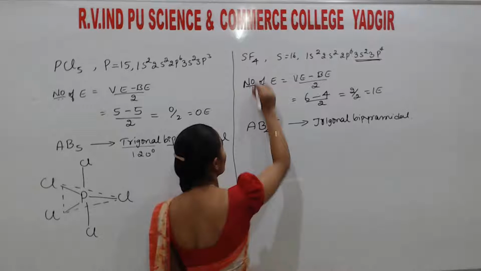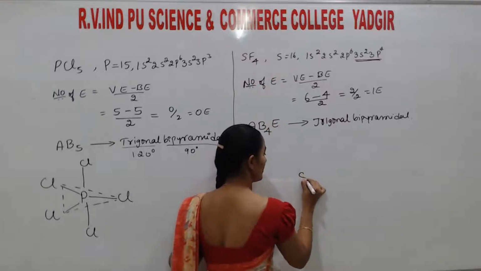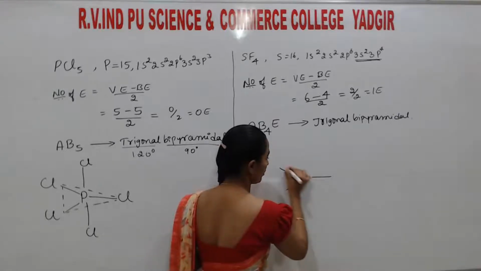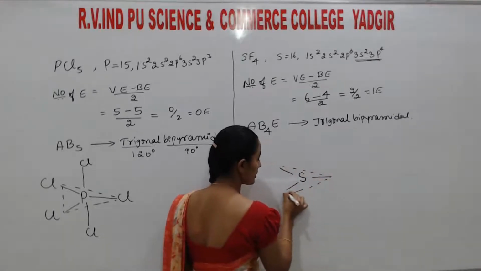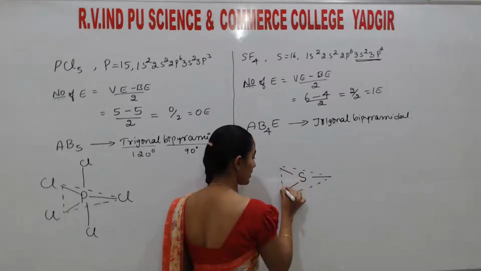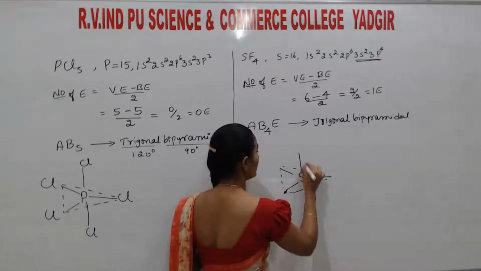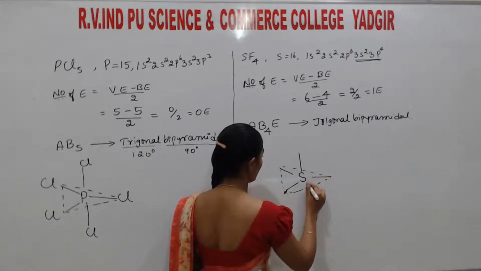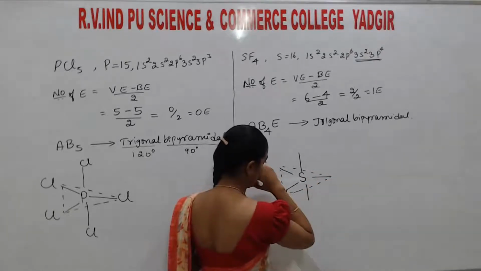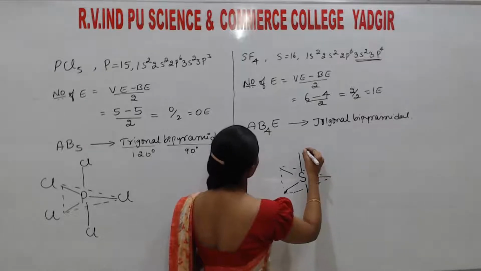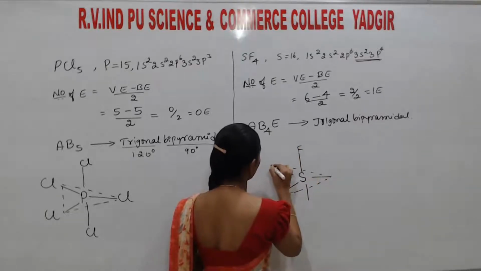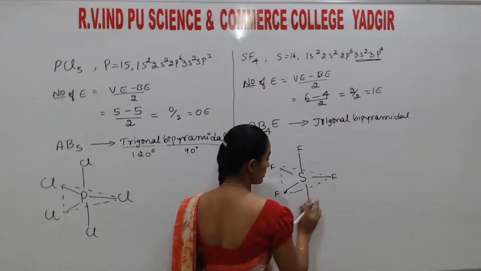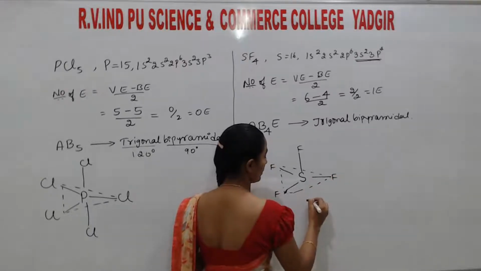Why? So listen, I'll simply represent sulfur here. These are in a triangular manner. I am just representing; later I will show the exact structure. Another position is here, the lone pair. Fluorine, fluorine, fluorine, fluorine, and this one is the electron pair.